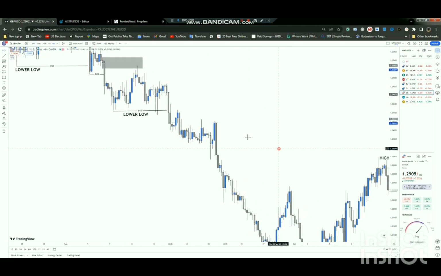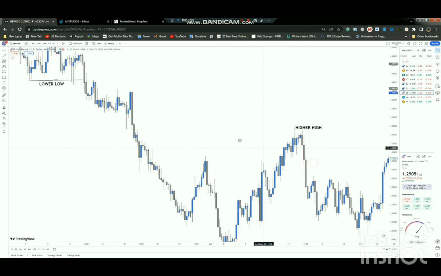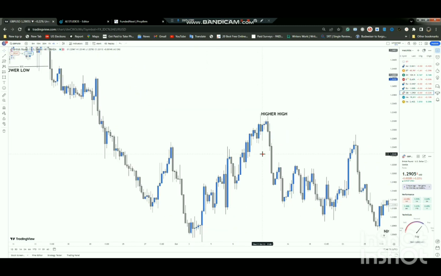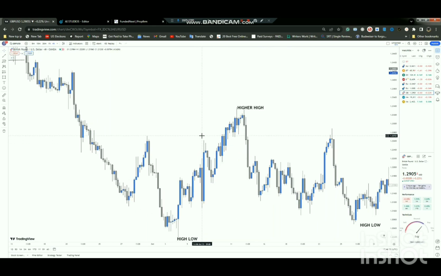Now let's shift to an uptrend, and we see how an uptrend works and how it looks. So we see that the market has been moving down uniformly, creating lower highs and lower lows. So this was our last lower low. This was our last lower high.